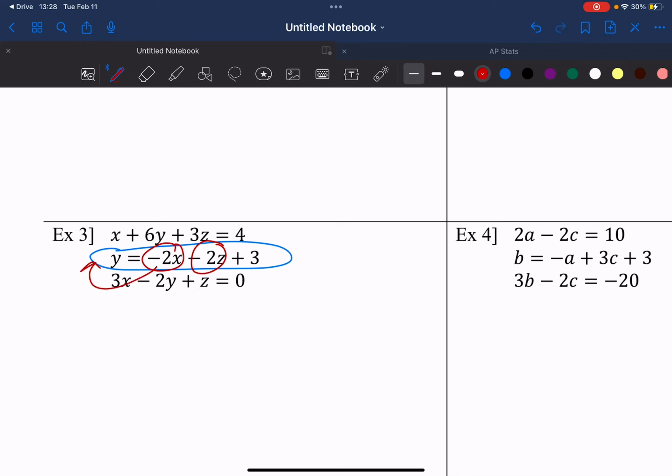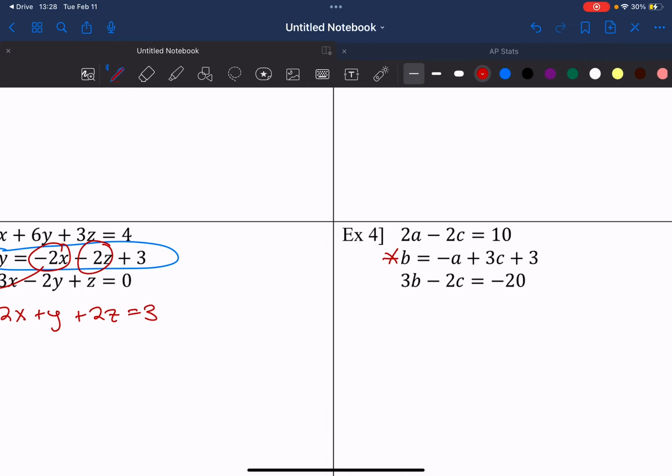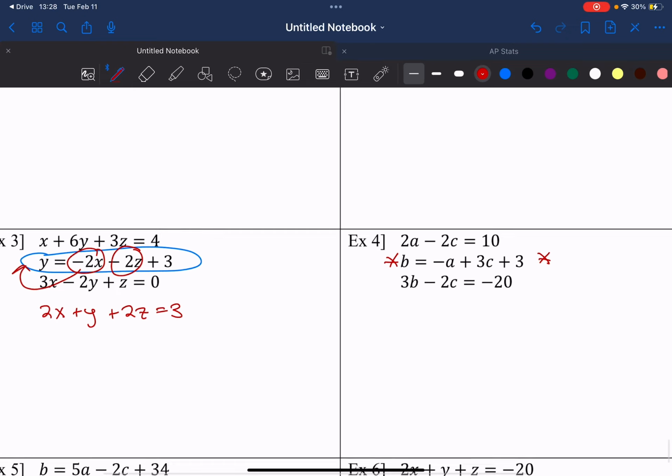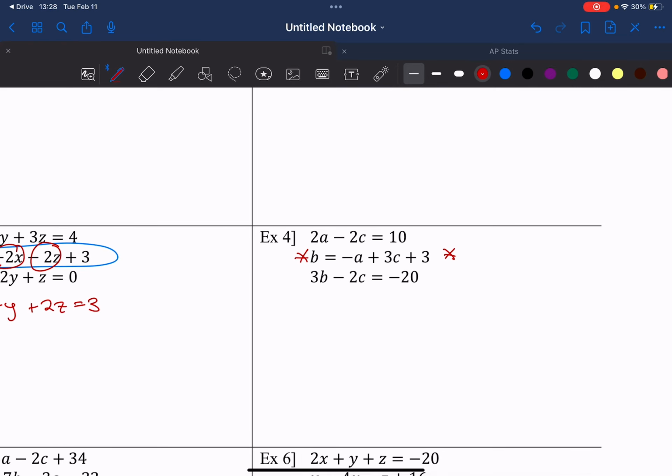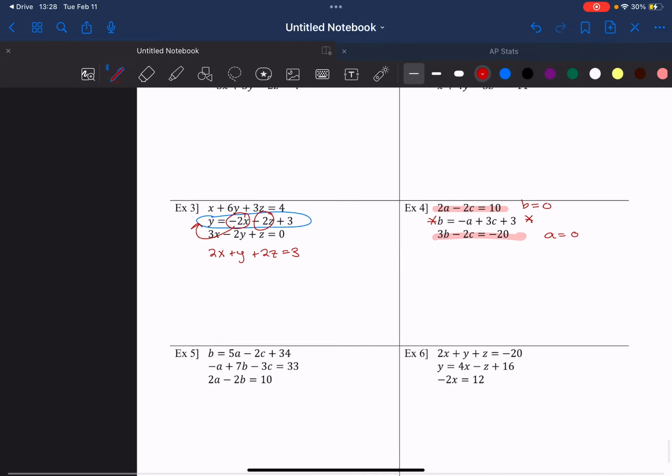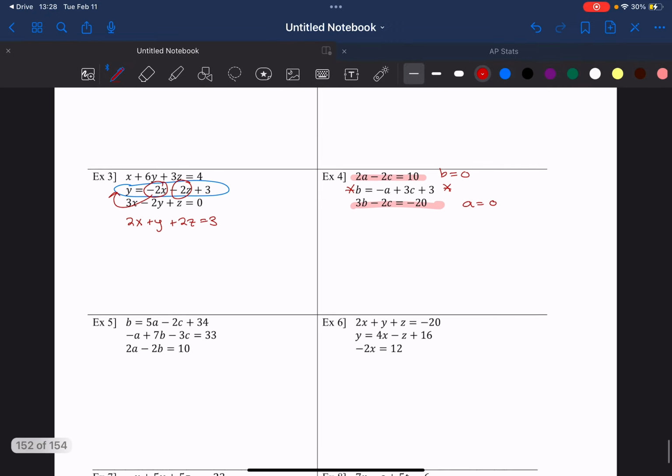So this would be 2x plus y plus 2z equals 3 before you can create your matrix. Same with this one. And also notice right here, on that first one, you're missing b, so this is b is equal to 0, and on this one, you're missing a, so a is equal to 0. If you don't see the variable, it's 0.